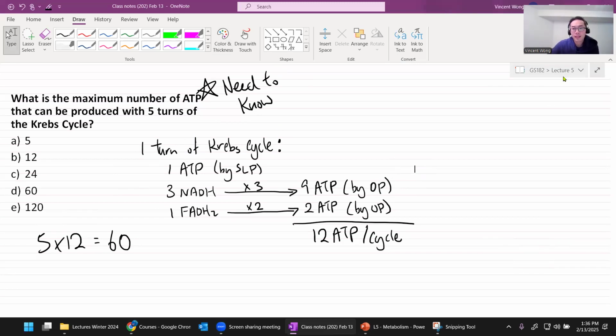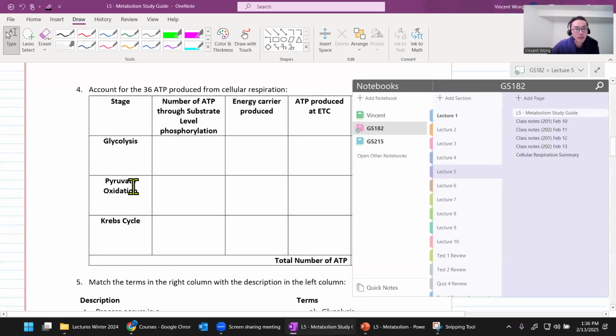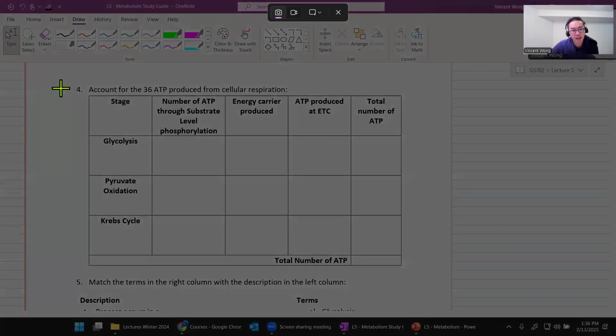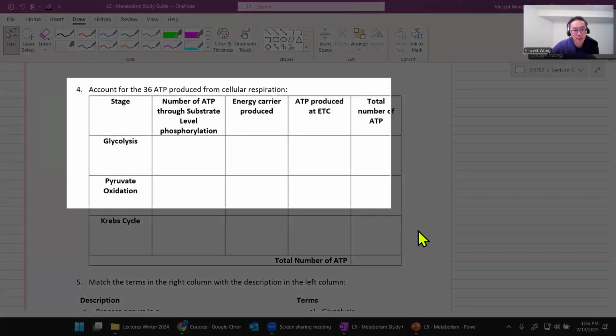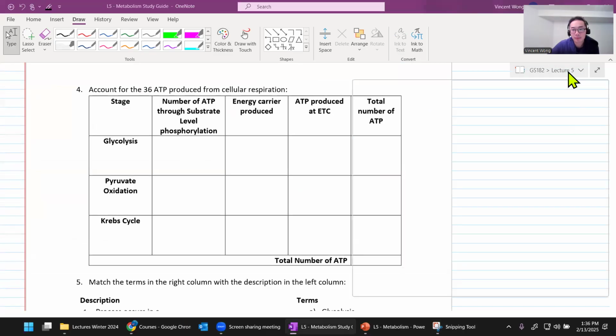All right, that's fine. I'm just going to spend the last 5 or 6 minutes talking about this chart here, and then we'll be done.